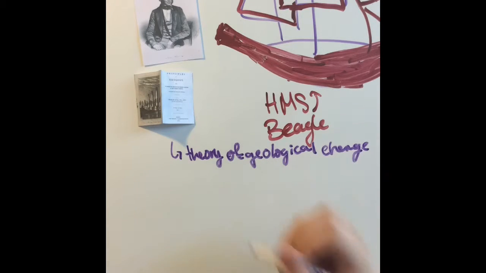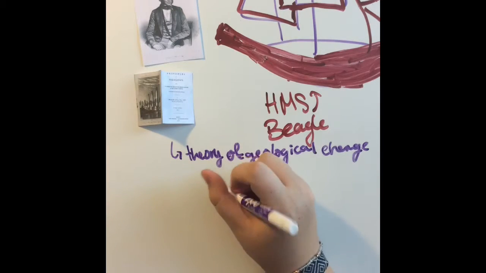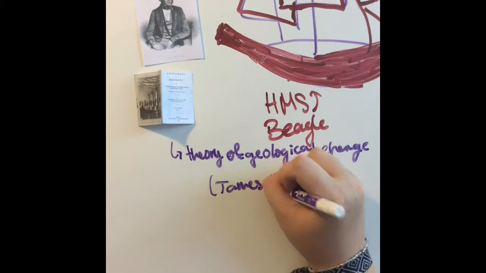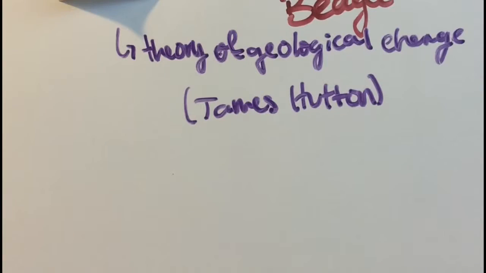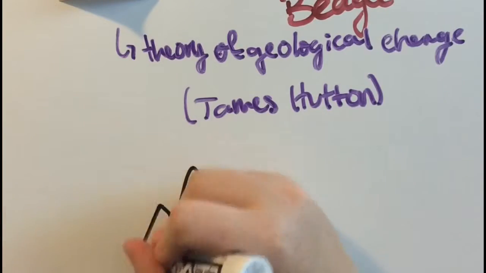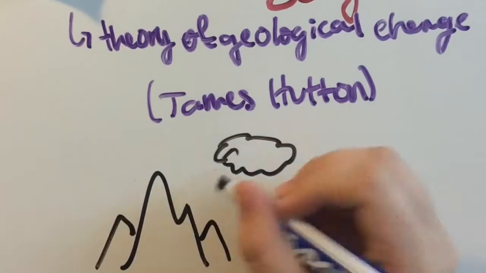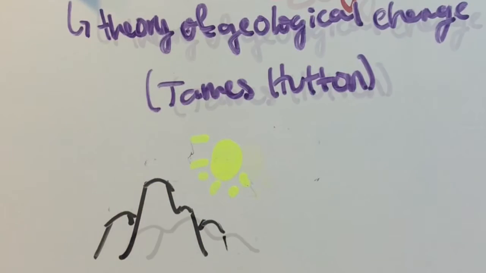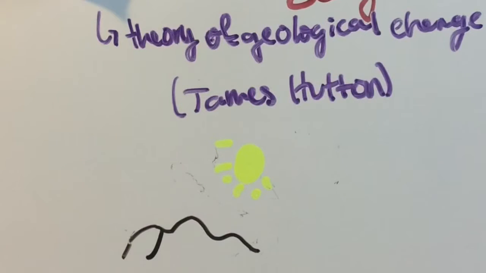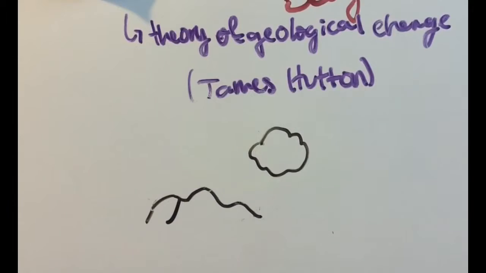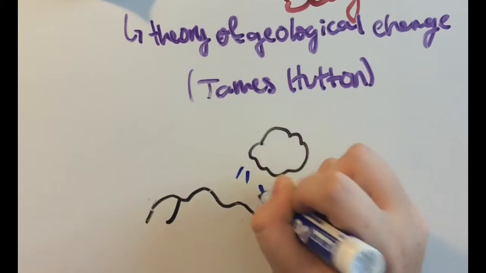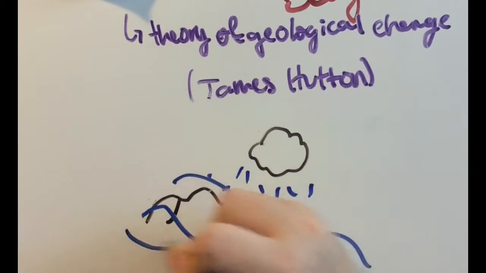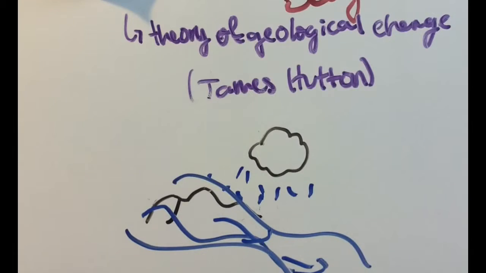In Hutton's theory, he explains that the Earth was subject to slow but continuous cycles of rock formation through erosion and uplift. Changes in weather cause this erosion. Then, the dirt and rock debris is washed into rivers and eventually into oceans.